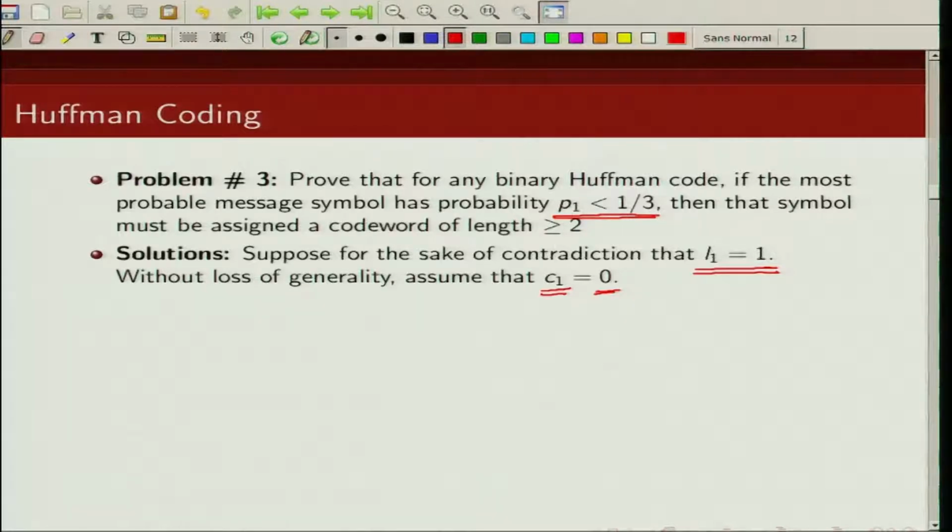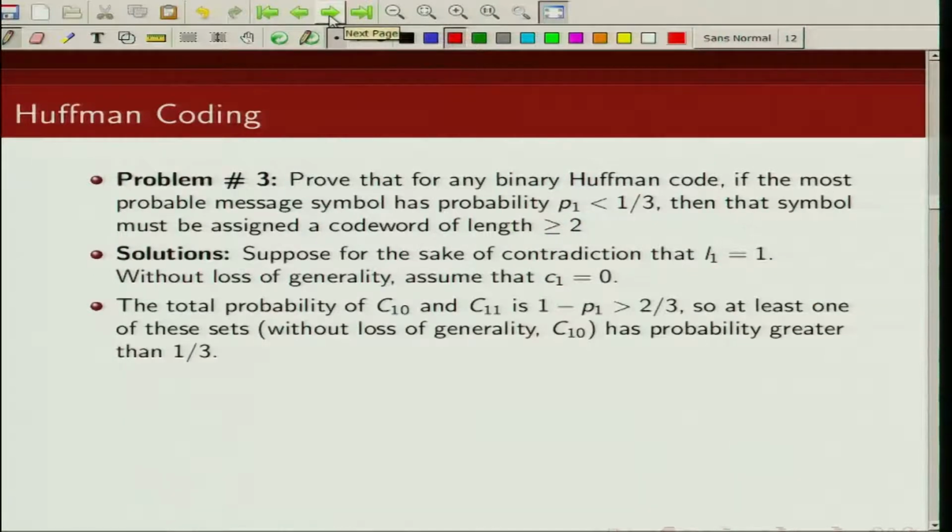So what we are seeing is a situation like this. We have a binary tree and this message symbol is assigned a code word C which is basically 0. That's what we are saying. And this has probability P1 which is less than 1/3.